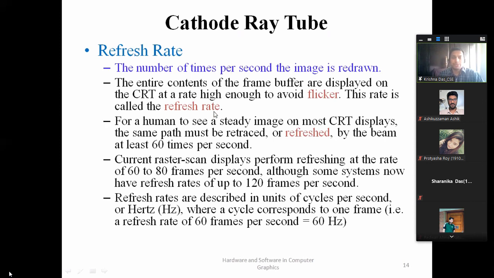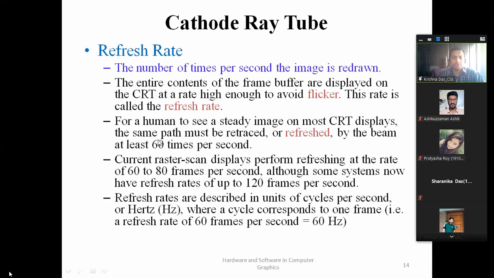Rate is always related to some number which is related to time. So it is how many times per second the picture is drawn to avoid the flicker. You don't want to see the gap between the images, so that number is called the refresh rate. 60 is common, as you know, for a steady image on a CRT display.